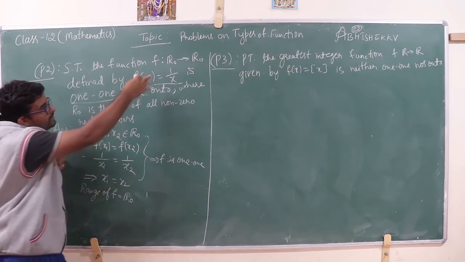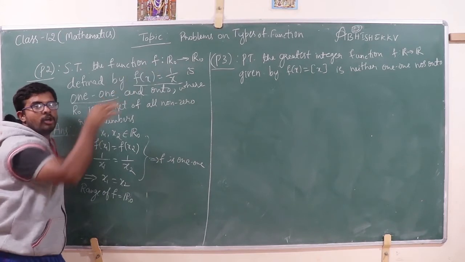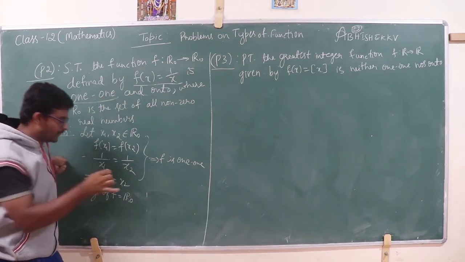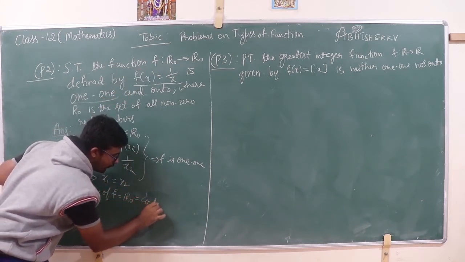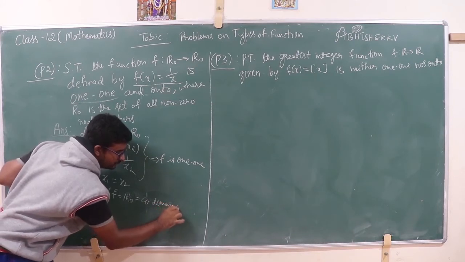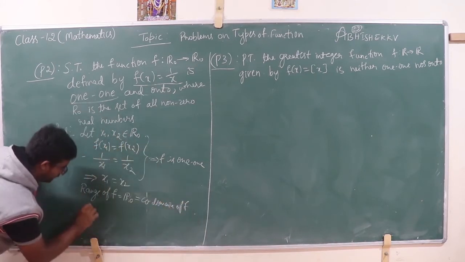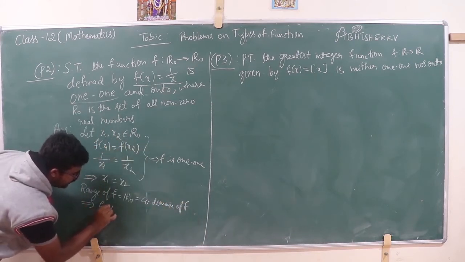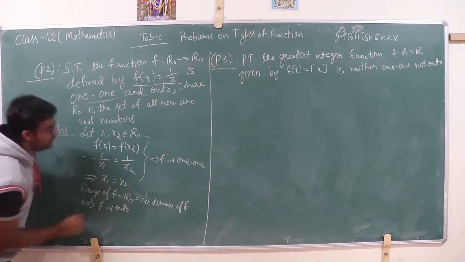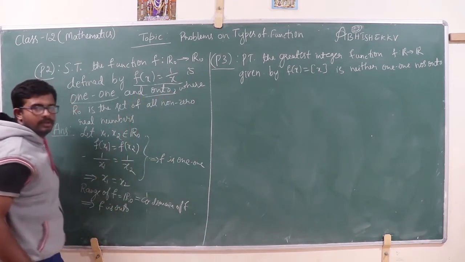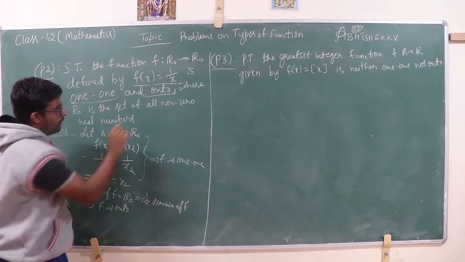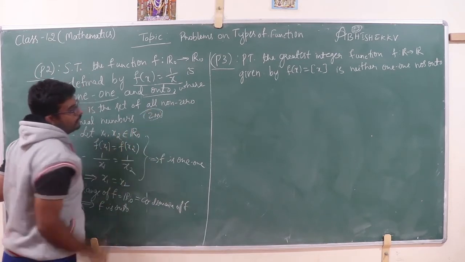That is, what is output here? Set of all non-zero real numbers only. Set of all non-zero real numbers is nothing but what? Codomain of f. Therefore, this implies what? f is onto. Very simple. Then you prove f is onto. Again, you will get 1 mark. So this is the question for 2 mark.